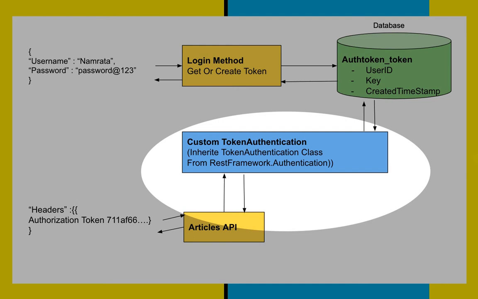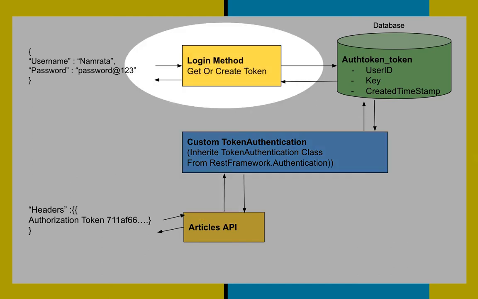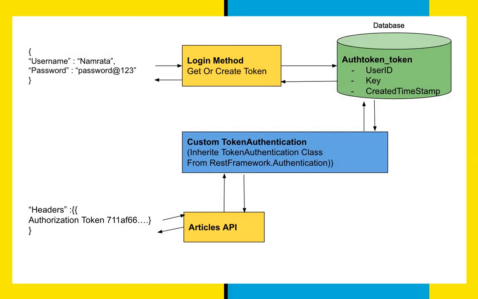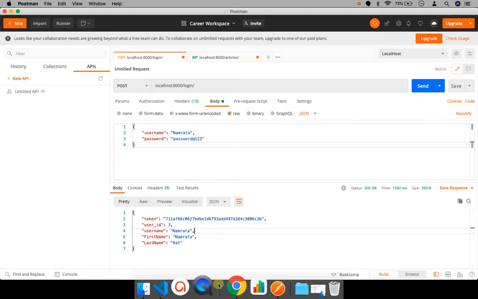If it is older than 1 day, then return a message that the token has expired. So the user needs to log in again and get a new token. Also, in the login method, we have to change some logic. If the token is older than 1 day, then delete it and create another token. So we are clear with the big picture. Now we'll see how to implement this.